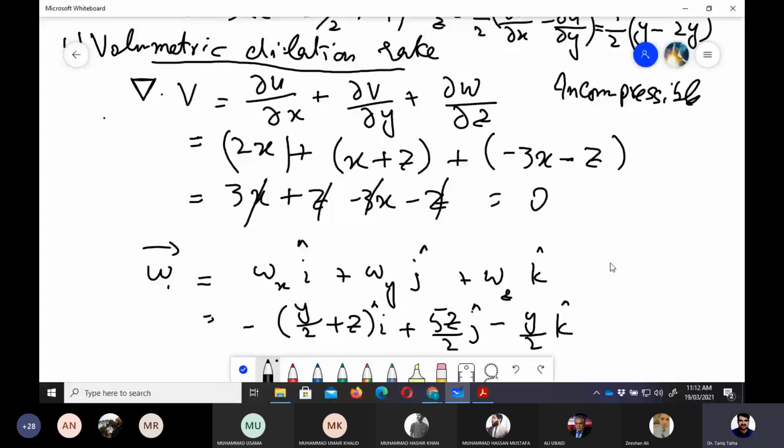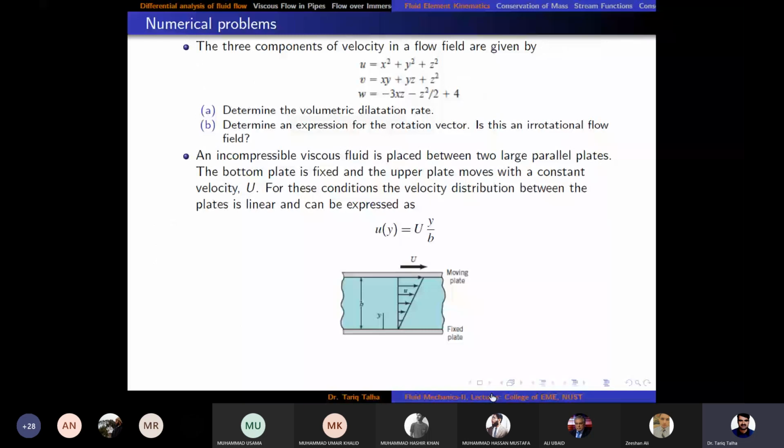Okay, so this was the first numerical. Now we can do the second numerical: an incompressible viscous fluid is placed between two large parallel plates.